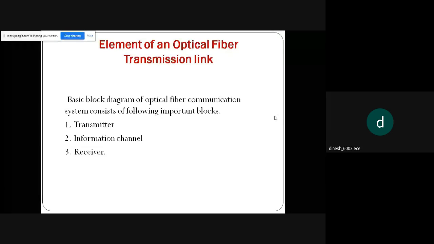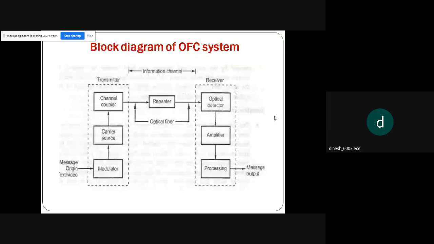The transmitter will have a source, and the channel carries the transmitted information to the receiver. So this is a block diagram of the optical fiber communication system.